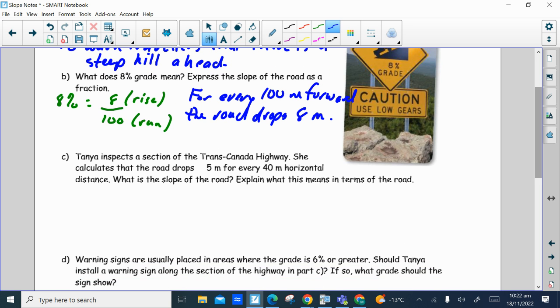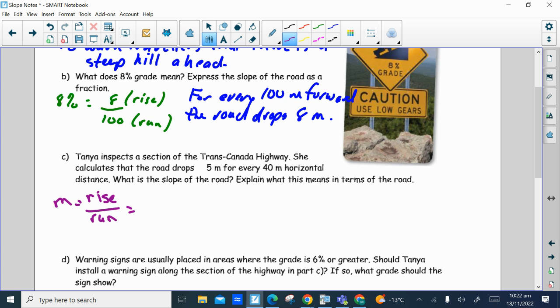Part C says that Tanya inspects a section of the Trans-Canada Highway. She calculates that the road drops 5 meters for every 40 meters horizontal distance. What is the slope? Well, again, the slope, M, is rise over run. The rise part is the up and down.